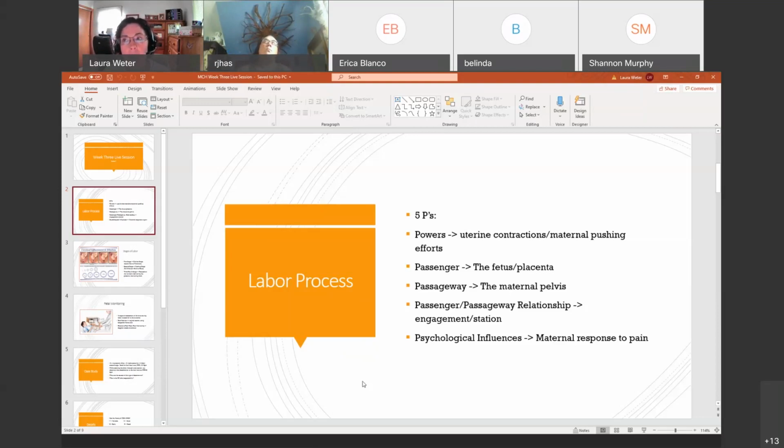And then the last one is the psychological influences. Now this is where we're talking about mom's previous pain experiences that she may have had in the past. Remember, labor is very painful. There's lots of pain involved in labor with the contractions, okay? The cramping of that uterus to push the baby down to be able to get out through the birth canal. So it's very painful. So we think about psychological influences as if she's had previous bad experiences with pain, she may have a lot of anxiety having to go through that labor process.